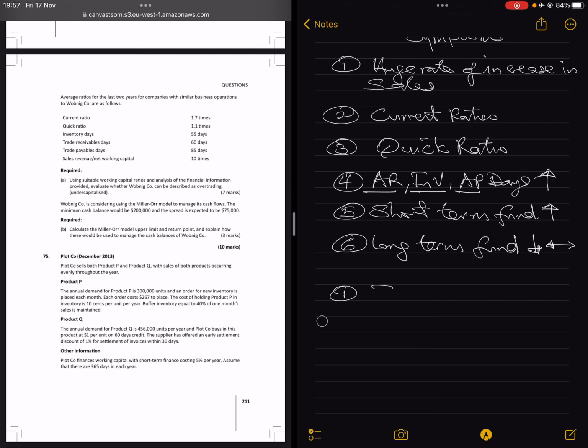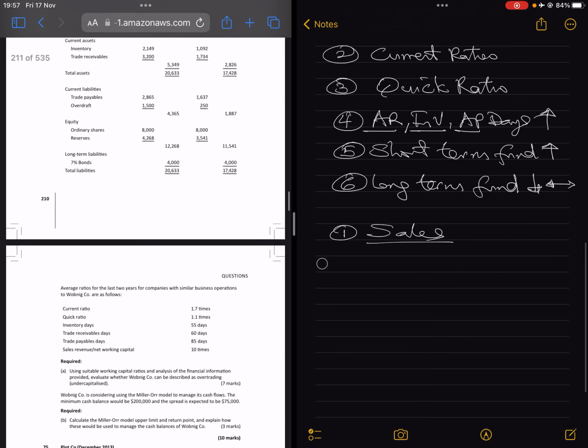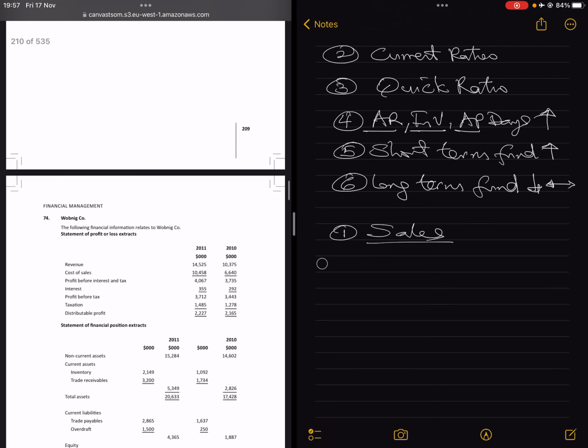So number 1, let's evaluate sales. If we look at the statement of P&L, we see that sales has moved from 10,375 in 2010 to 14,525 in 2011. So what's the percentage increase? Let's calculate the percentage increase in sales.